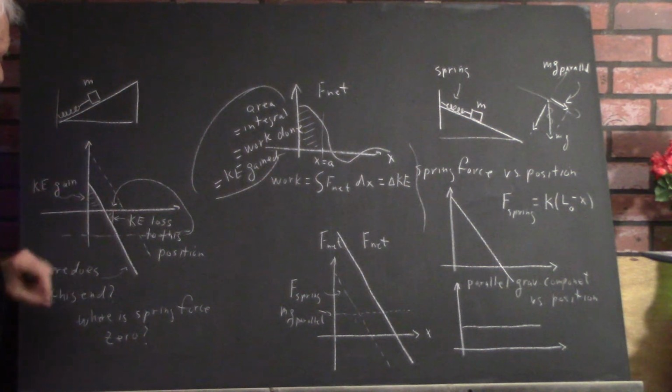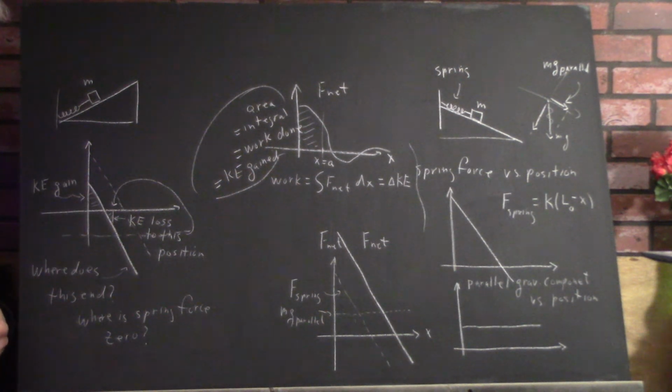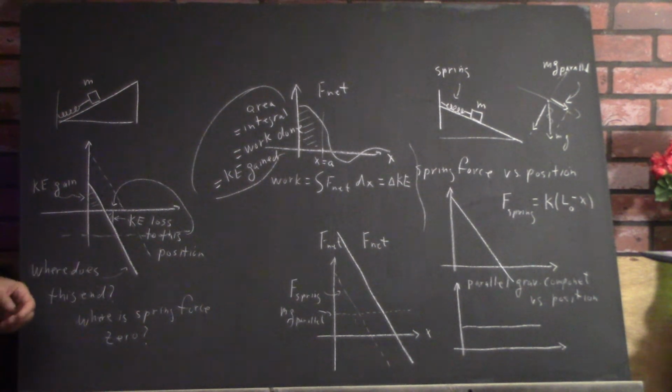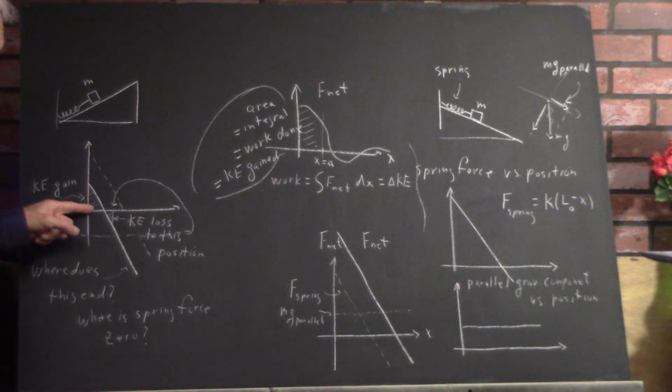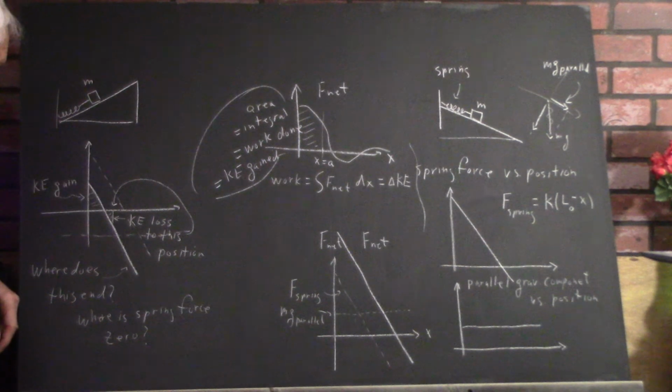So the graphs look a little bit different, but the ideas are the same, and they apply to the problems that I noticed some people have a little bit of difficulty with, which is not surprising because the problems are getting a little bit tricky. Okay, so here we have the kinetic energy gain, and then here we have the kinetic energy loss up to whatever this position is.